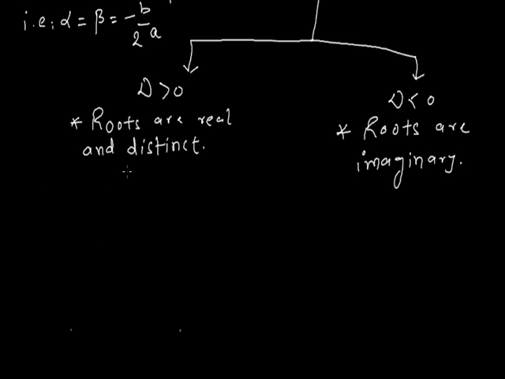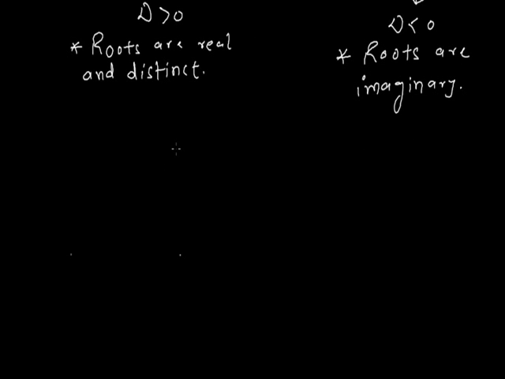Now here we have to discuss the roots when they are real and distinct, and we have to leave the case of discriminant less than 0. When the roots are real and distinct, then two cases arise.